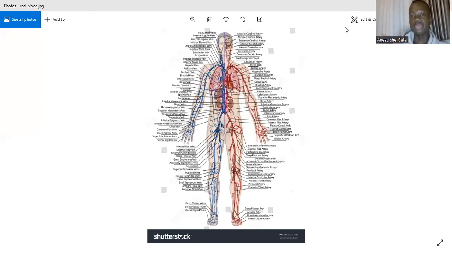Then you also expect collateral arteries from the brachial artery, superior ulnar collateral, inferior ulnar collateral. You also expect recurrent branches from both the radial and the ulnar artery, which will form an anastomosis around the elbow joint, right?